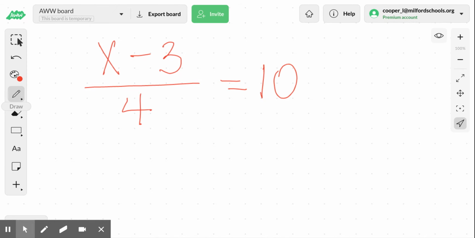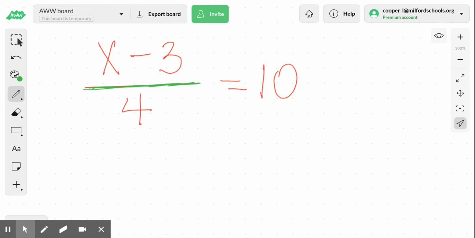So notice this looks a little bit different. Usually we add or subtract first. Unfortunately, this time we have this large division sign that's stopping us from doing that first. So on something like this, you are actually going to do your inverse of division first.